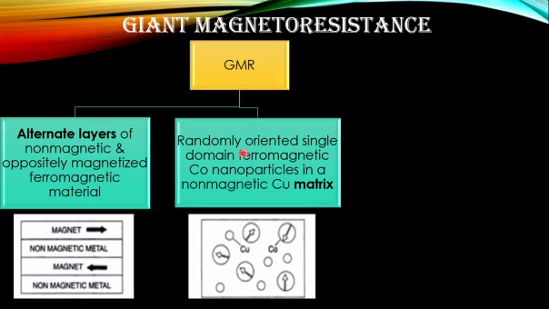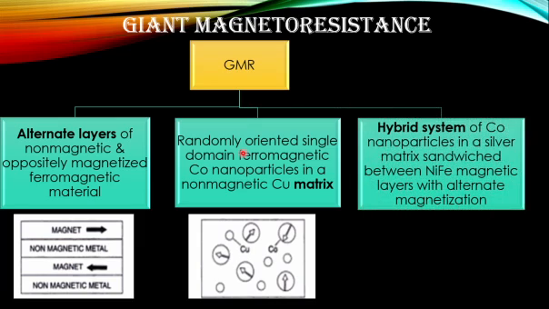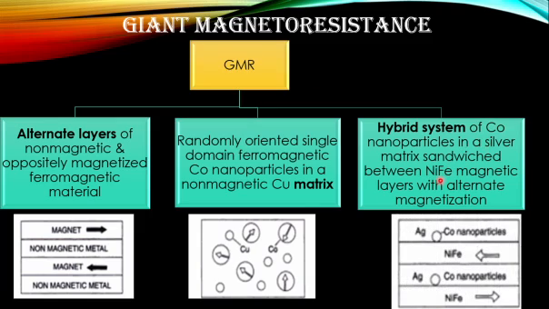Then also you can experience the giant magnetoresistance effect. And the third category is the hybrid system, where the cobalt nanoparticles in a silver matrix are sandwiched between the nickel ferrite magnetic layers with alternate magnetization. So it is the same as the alternate layer structures of the first category.